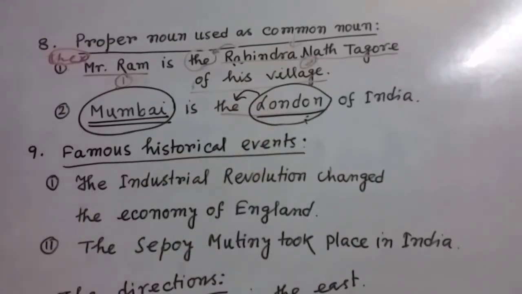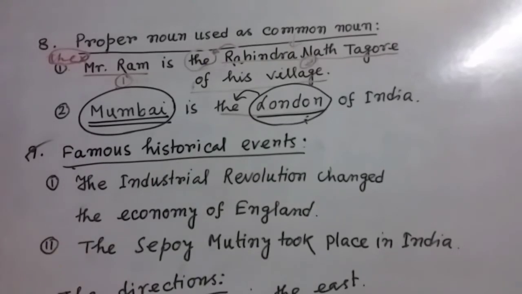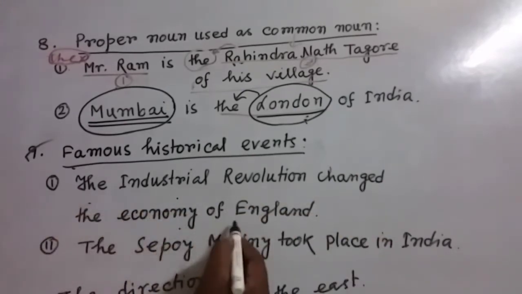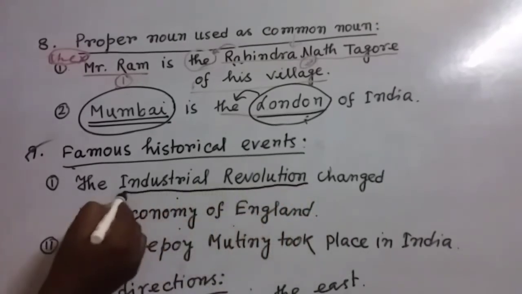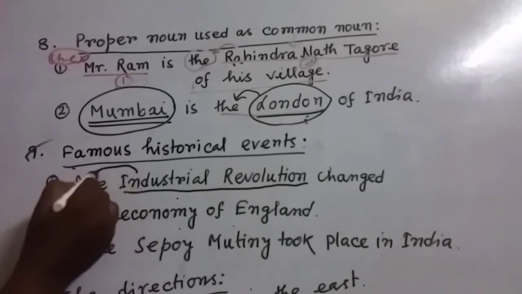Now my dear friends, let's look at this one. Before the names of famous historical events, my dear friends, so many historical events took place in the world. So before famous historical events, we have to use the. Look at the example. The Industrial Revolution changed the economy of England. Here, Industrial Revolution is one of the most important historical events, and that's why before that we have used the.